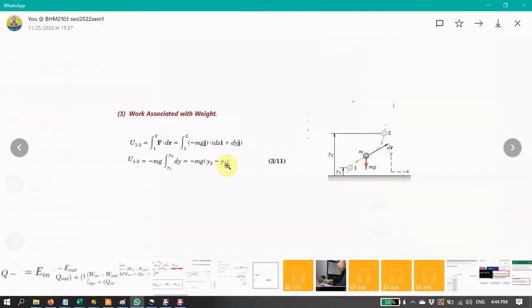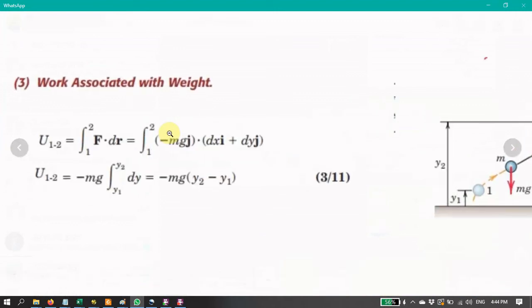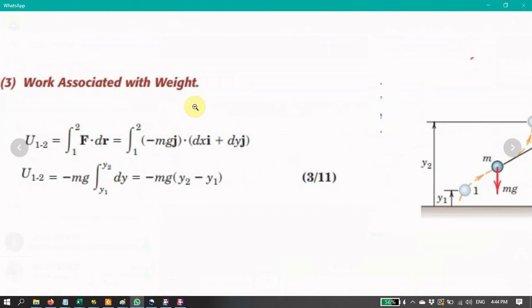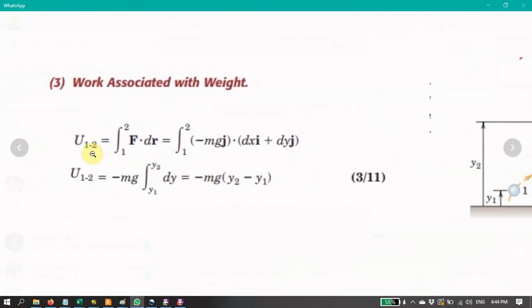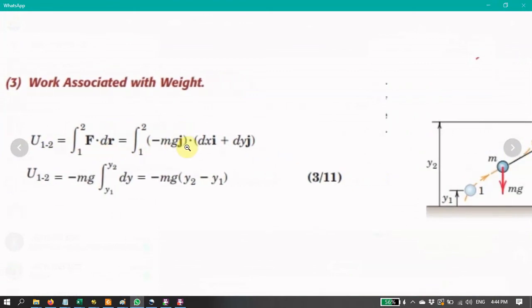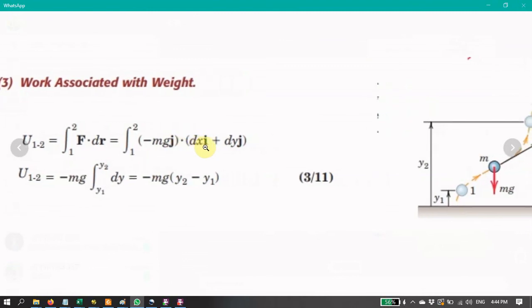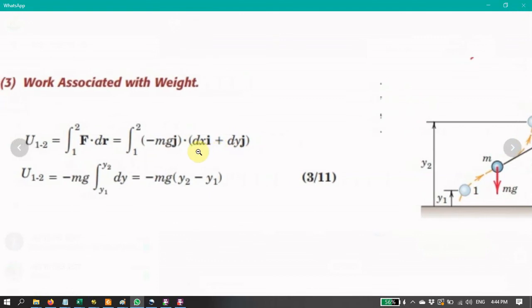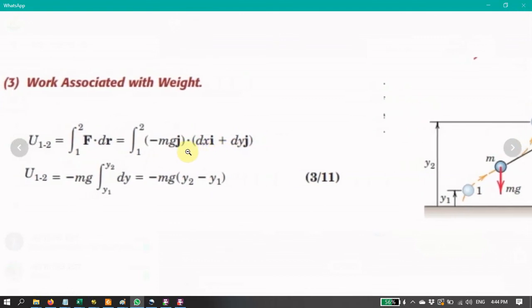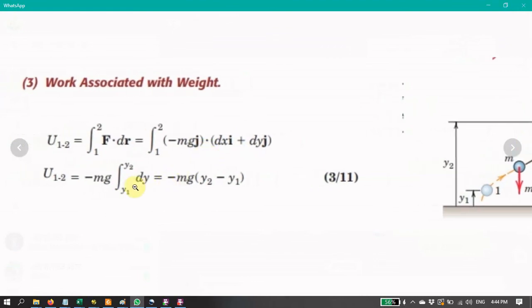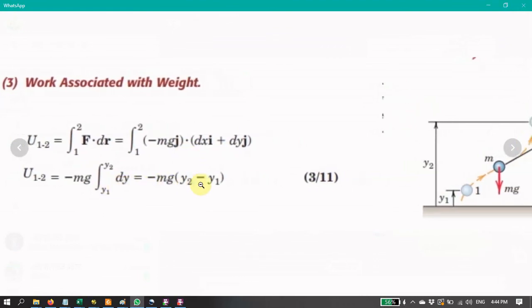Right. So we have the third type of work, and this work is associated with weight, right? In this case, the force is due to the mass times the gravitational acceleration, and gravitational acceleration is 9.8 meters per second squared, right? And then we consider the y direction because we are only covering the vertical.